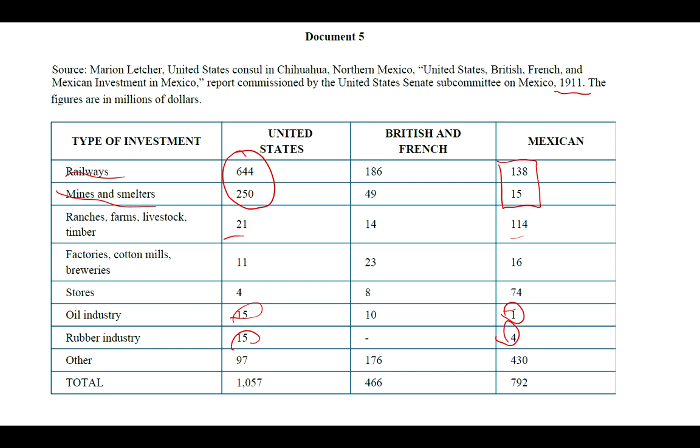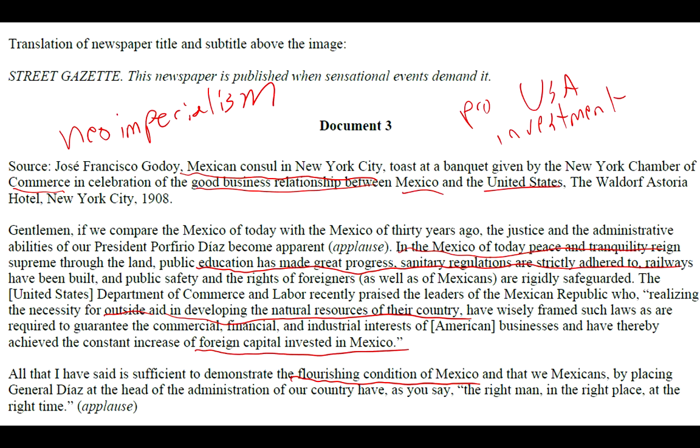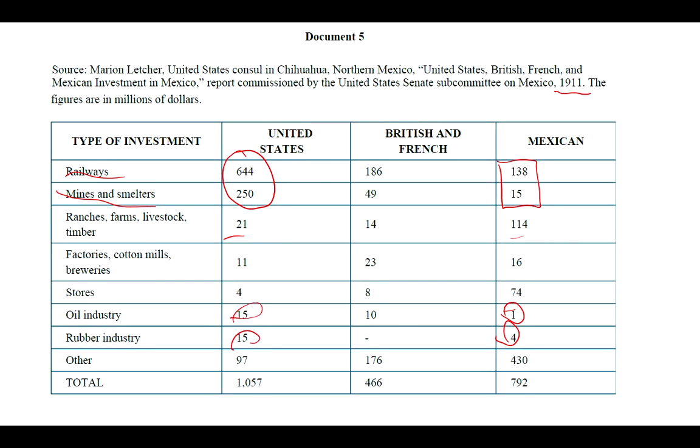This supports the argument that foreign investment is very important in 1911. We'll figure out where to put that later. Now, you could also link that to here. In document 3, the guy was talking about how awesome American investment is. So I'm going to link that with document 3.